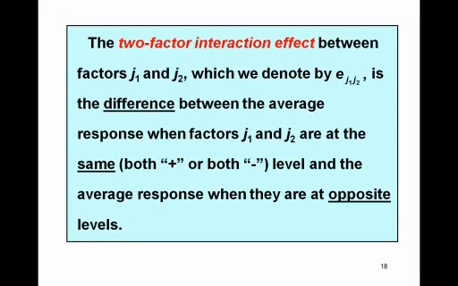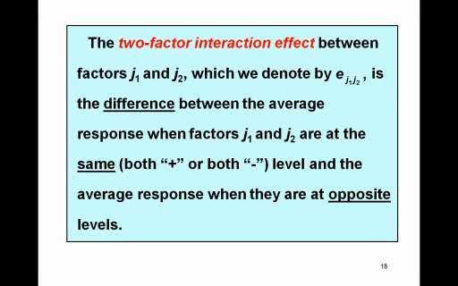So let us define now the 2-factor interaction effect between factors J1 and J2, which we will denote, and this is not totally standard notation, E sub J1, J2.